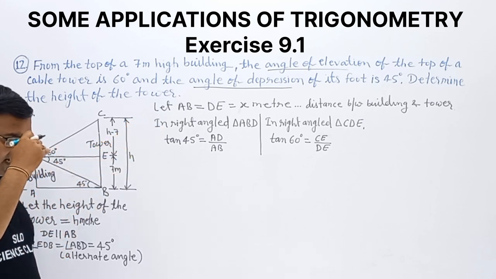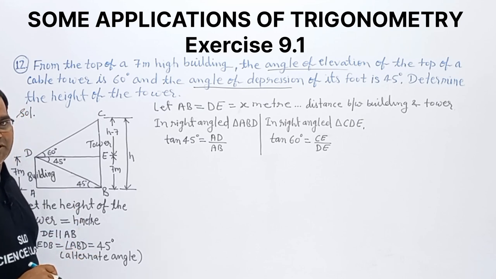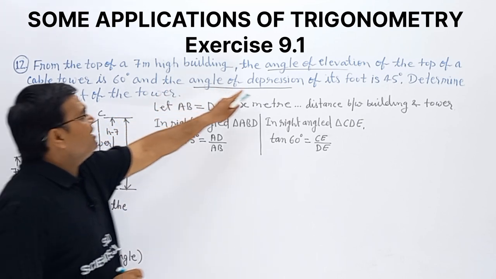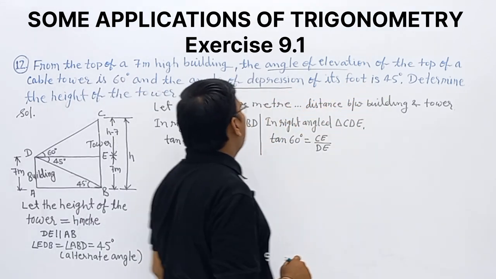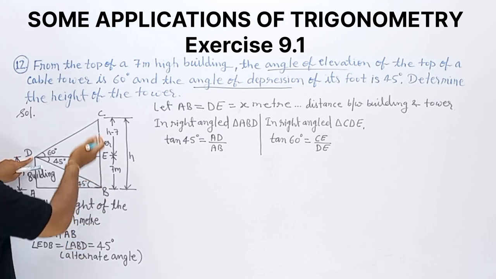And our line of sight below the horizontal line is called the angle of depression. Clear? And the angle of depression of its foot is 45 degrees. The foot of what? The cable tower.